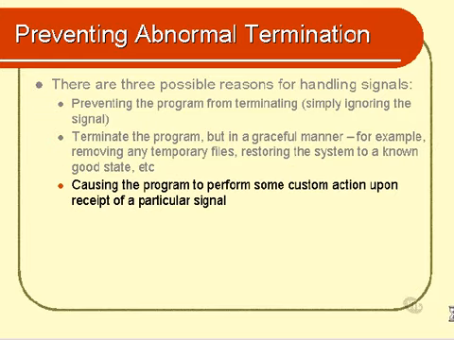And the third reason is, you may actually just want to perform some custom action upon the receipt of a particular signal. There are many signals that a process can receive, many different types of signals. And you may want to take advantage of that and say, okay, whenever I receive this signal, it means I'm supposed to do this particular action. Which means, of course, that you can then use signals as a form of inter-process communication. You might have a shell script that's been running for a while, and you want it to do a particular action.